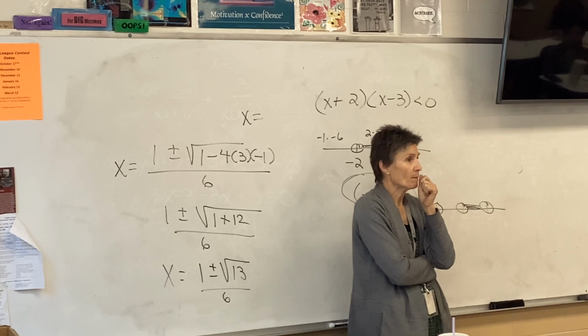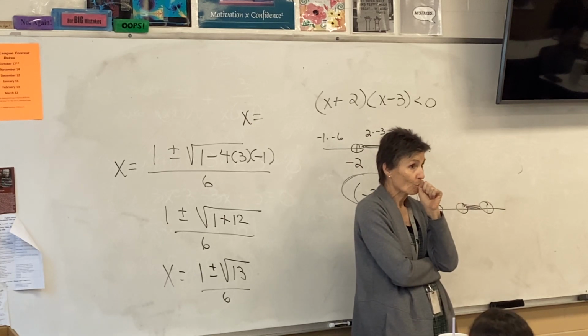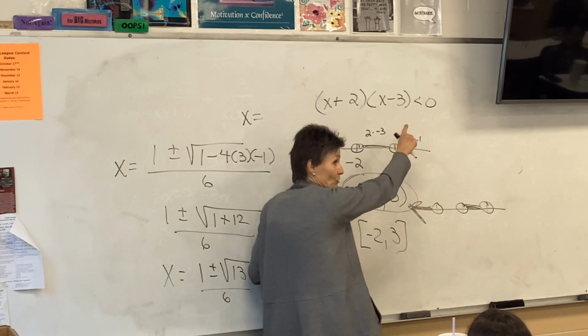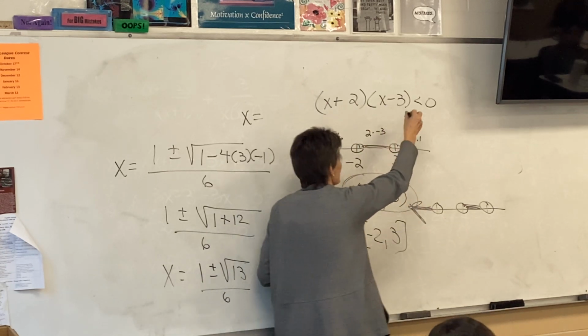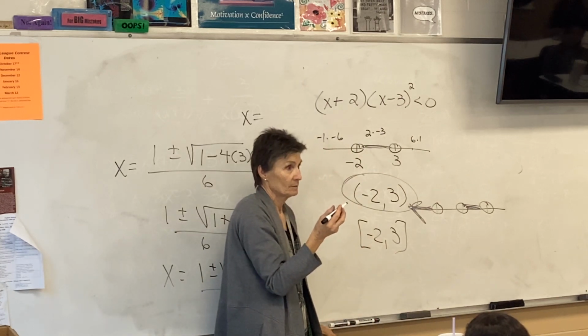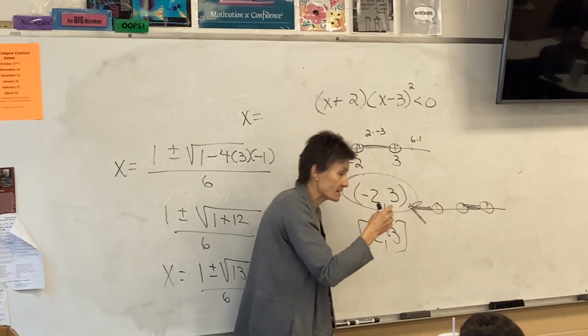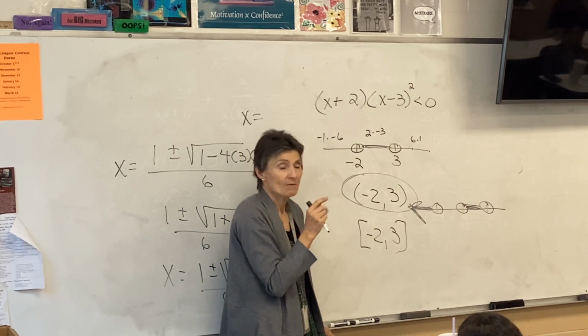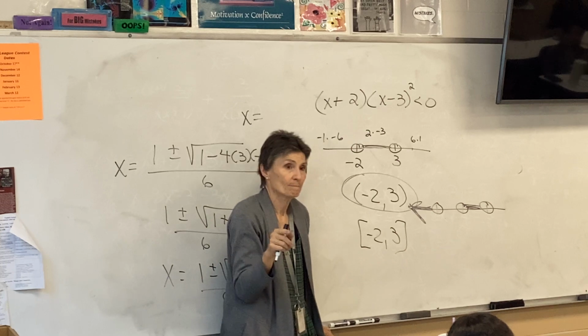Does anybody happen to remember what that is? When you factor your problem, you look at your factors. If one of them has a power on it, and it doesn't matter what the power is, usually they're squares, then you can't do that thing anymore.